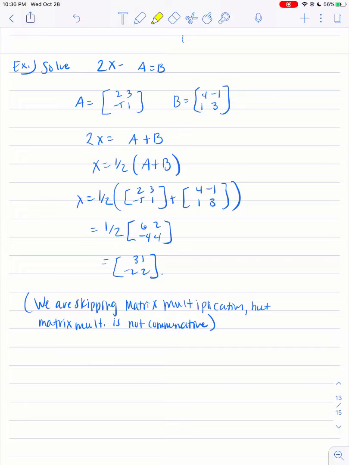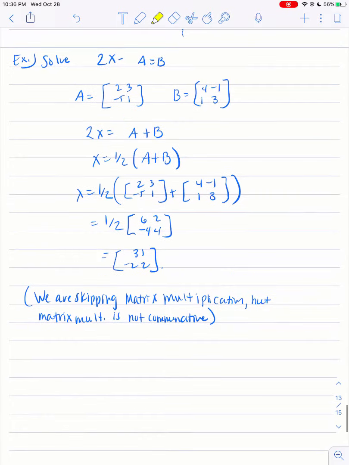I'm going to add the matrices first. So I have 6, 2, negative 4, 4, and then I can scalar multiply this by 1/2, and I get 3, 1, negative 2, 2.